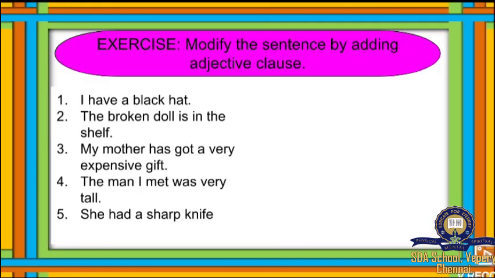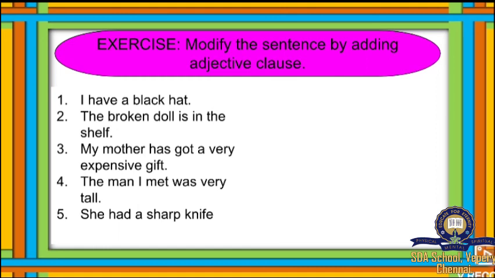Now it's exercise time. So let's modify the sentences by adding an adjective clause. These sentences are in the form of having an adjective. So we are going to make it an adjective clause. First one, I have a black hat.